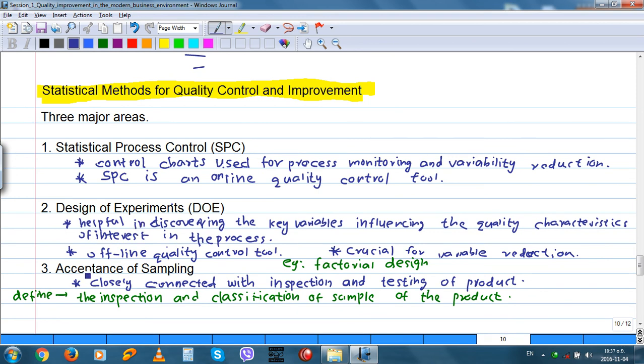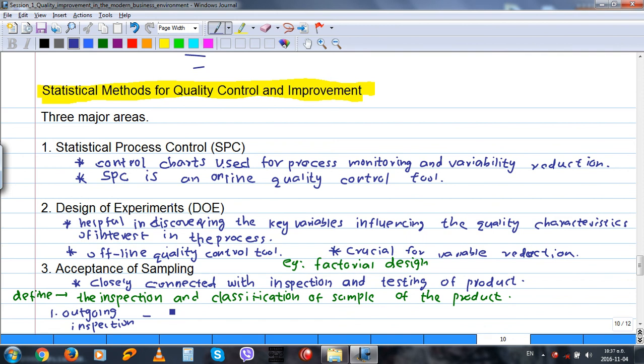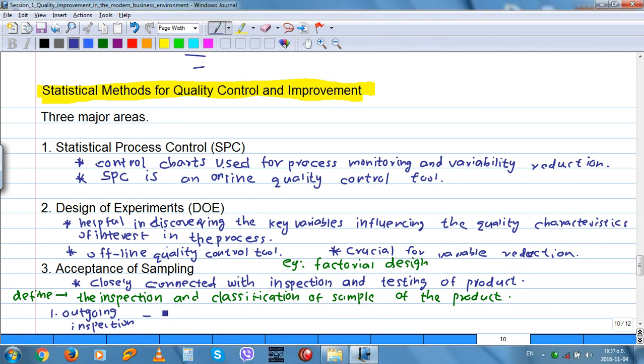One is outgoing inspection. It means it is performed immediately following the production. If a customer buys a product, as soon as he buys, we have to do the inspection.